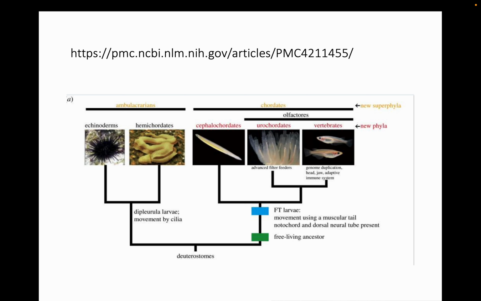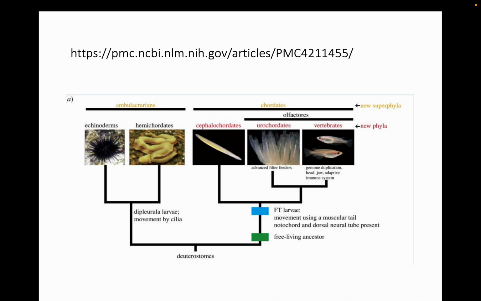Then the urochordates, the sea tunicates, and vertebrates are sister to one another. All three share the following characteristics. The larvae move using a muscular post-anal tail. There is a presence of a notochord and dorsal neural tube at a particular stage of the animal, although in vertebrata these structures are lost in the adult stage.